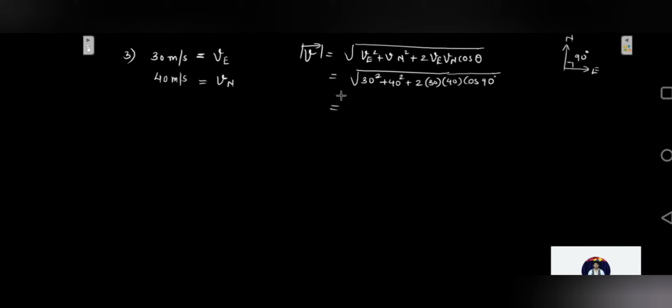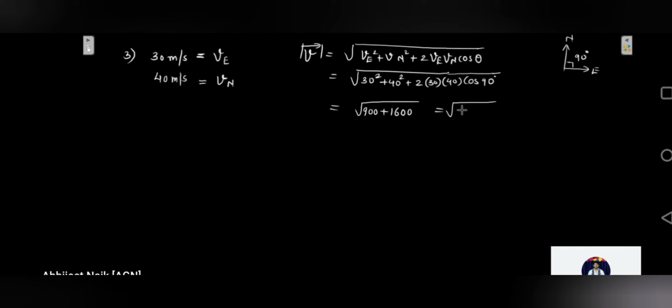So you can use root of a square plus b square. Correct? So root of 30 square will be 900 plus 40 square will be 1600. This term is going to go to 0. It is going to be root of 2500, which is 50 meters per second.